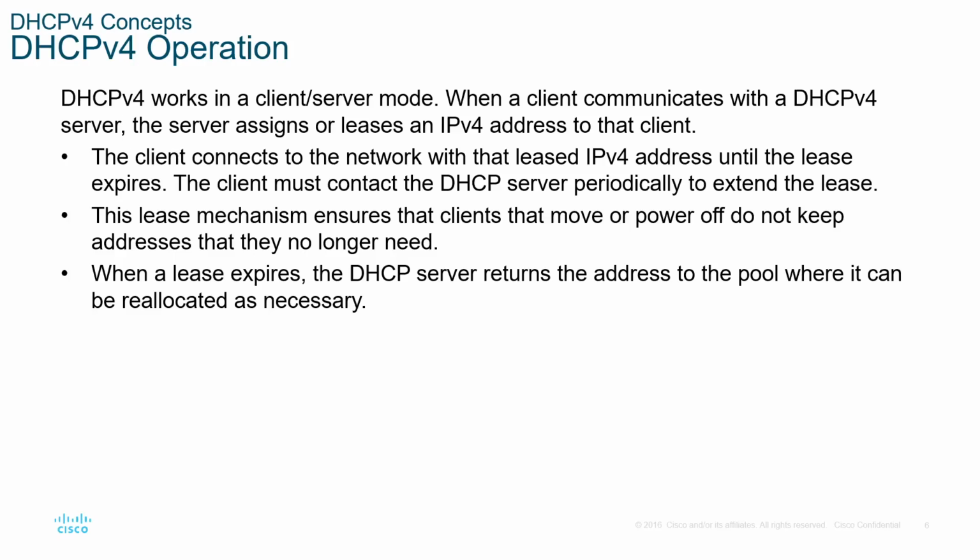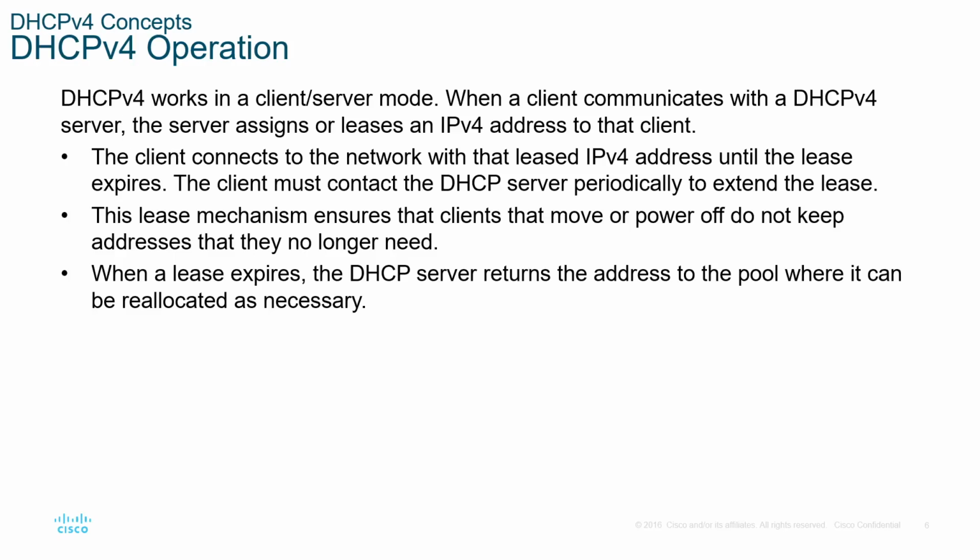When the time is over, the client basically needs to contact the DHCP server again and ask for the lease to be extended, which is equivalent to when some of you rent a house or an apartment. After the end of the lease period, you need to request the owner of the property, or the property group, whoever it is, to renew the contract.